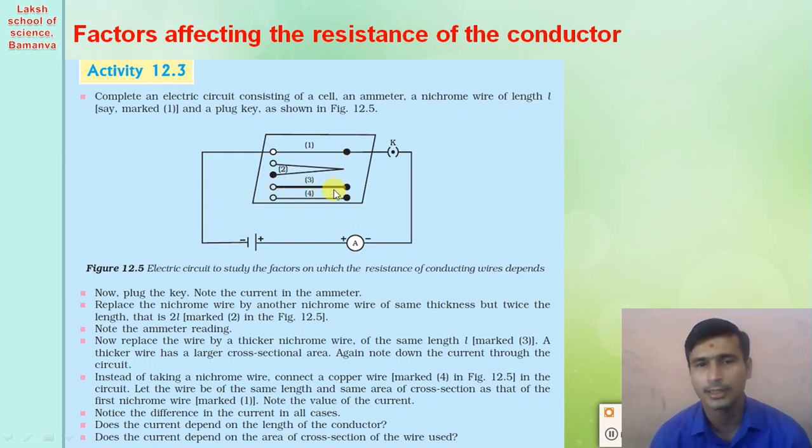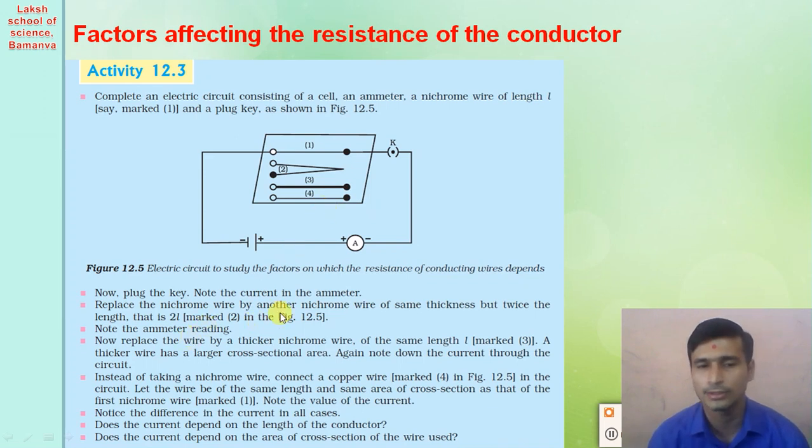Third, take a nichrome wire having the same length but larger cross section area and measure the electric current passing through it. And in the fourth case, take a copper wire instead of nichrome wire, having the same length, and note down the electric current passing through it.